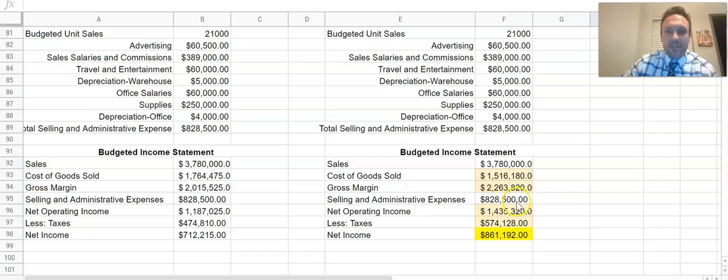Selling and administrative expenses remain the same. A new net operating income of $1,435,320. Less our new taxes gives us a new net income of $861,192. Thank you for your time.